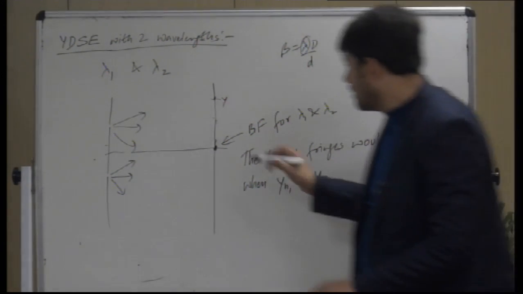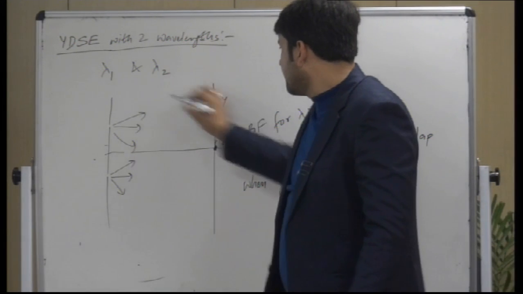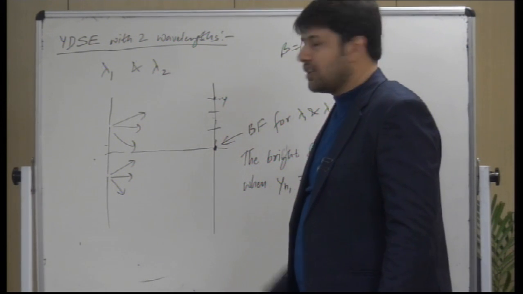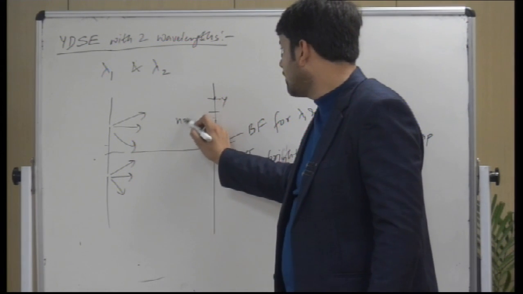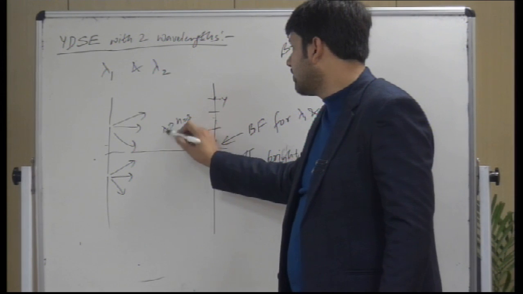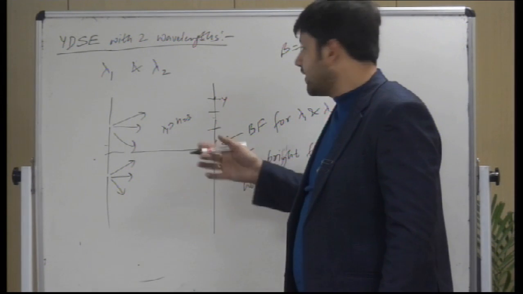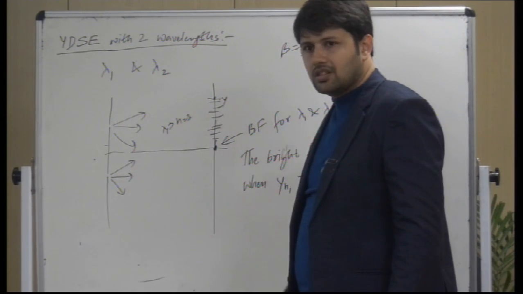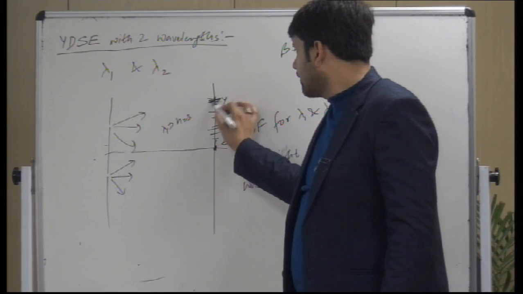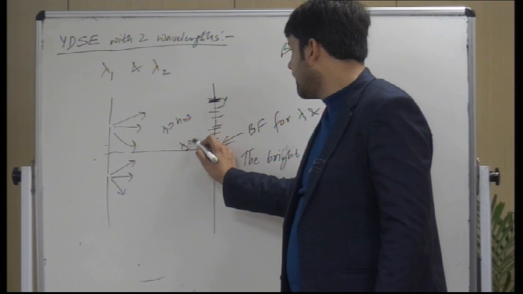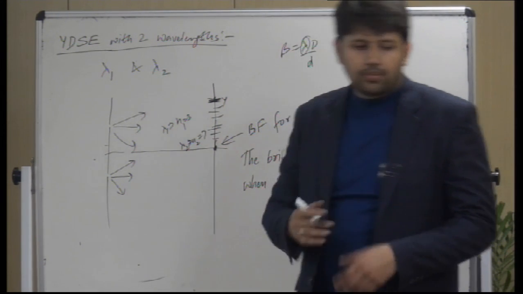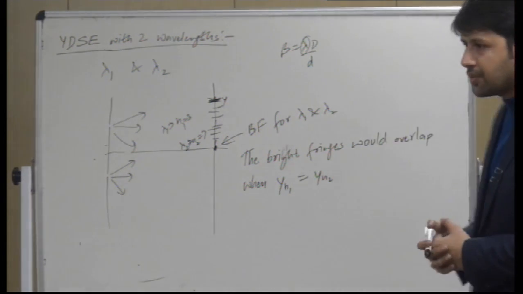Why? Because let's say wavelength 1 produces only 3 fringes, so n would be 3 for wavelength 1. If wavelength 2 produces 7 fringes, they would be placed like this, so they would overlap somewhere here. So for lambda 2, n would be 7. The only problem would be ordering, not the position.